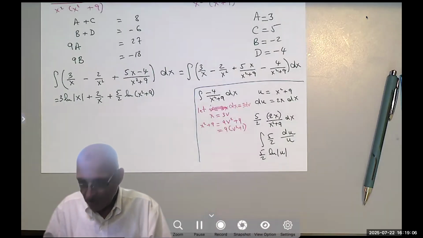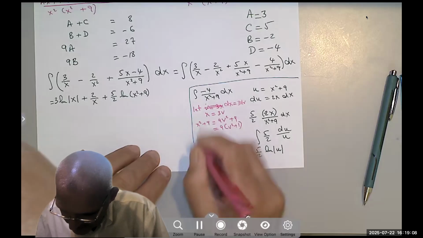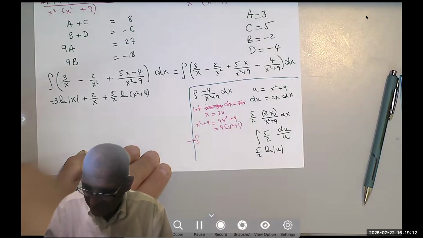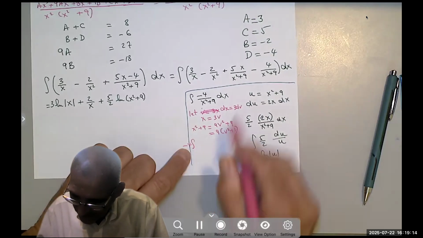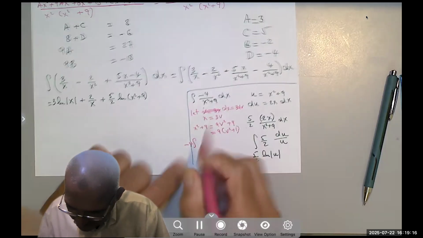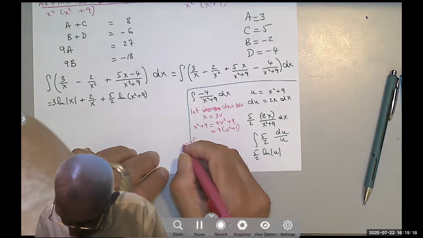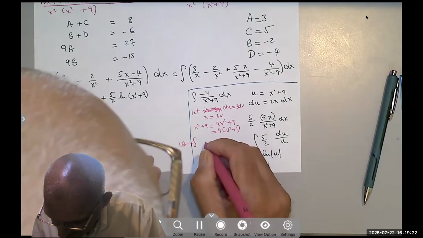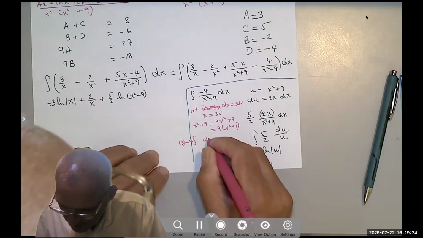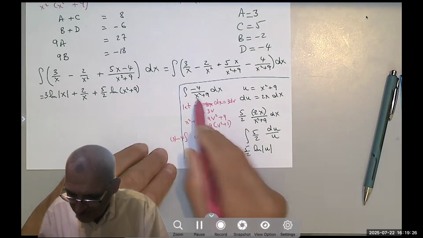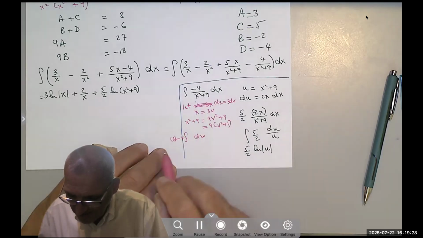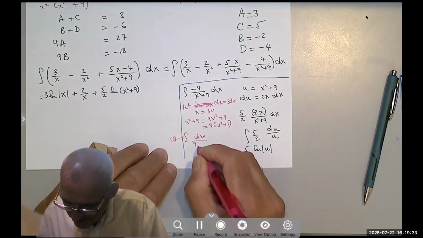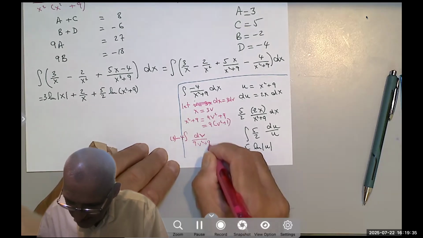So see what we are going to do. This is the integral of, first of all, I have a -4, so let's have it outside. Dx is 3 dv, so times 3 dv. And the denominator is x squared plus 9, which is 9v squared plus 9.